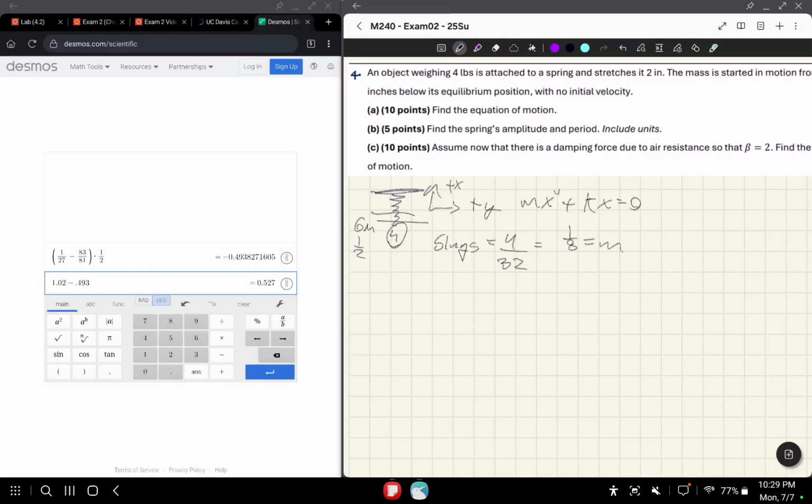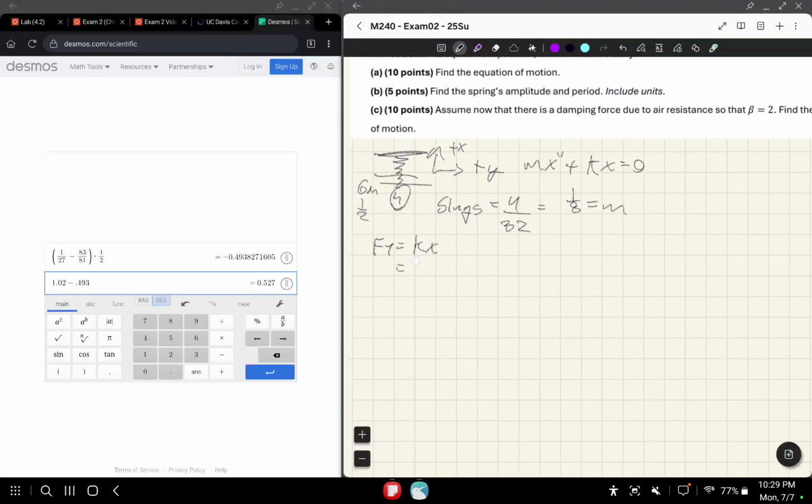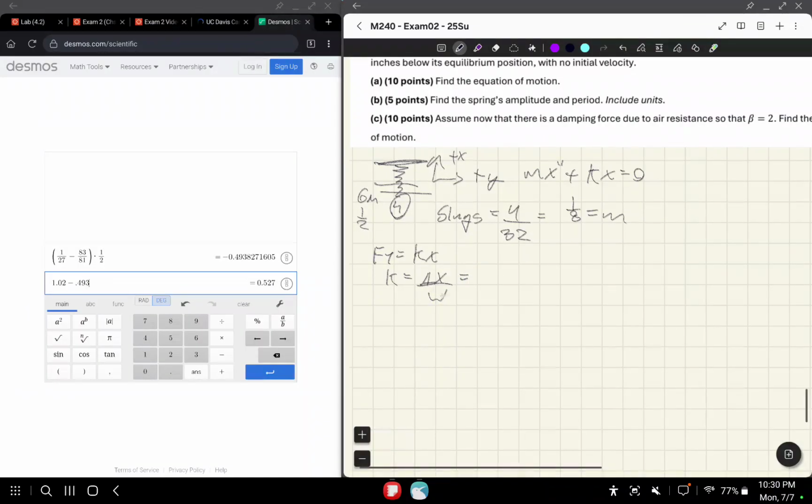Now the spring constant. F equals kx, so k equals F over x.